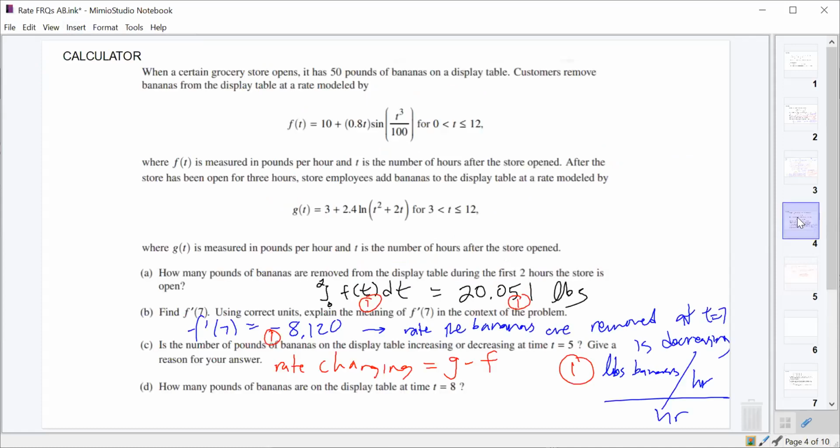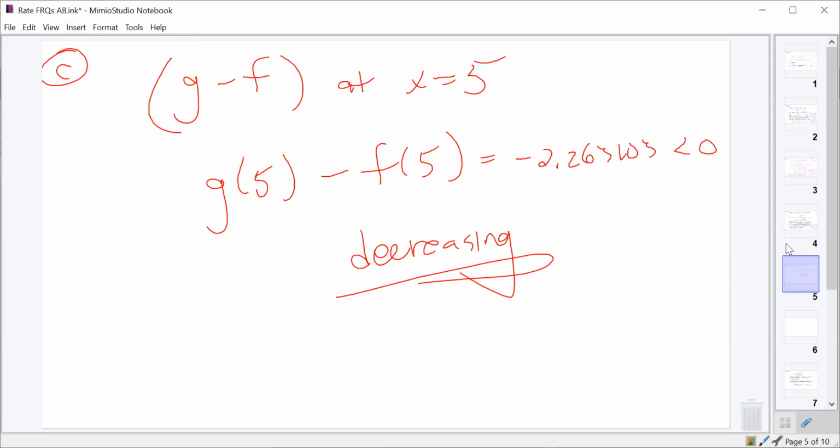Can we say it as, because f of 5 is larger than g of 5, it's decreasing, or do we have to actually subtract? They only associated 2 points. It says considers f of 5 and g of 5. Answer with reason. So I think, yeah, it doesn't specifically give a point for having this value.